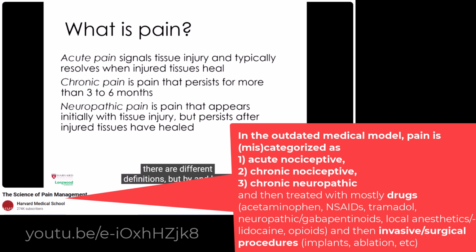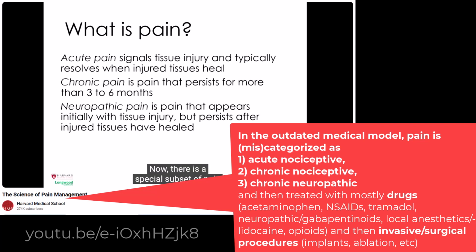There are different definitions, but by and large, beyond 3 to 6 months, we call it chronic pain. And chronic pain can come from a recurrent condition that injures tissue over and over. It can have a waxing and waning pattern, or it can be chronic, persistent, and severe that never lets up. There are many different types of pain, but what underlies it is, what is the cause of the tissue injury?